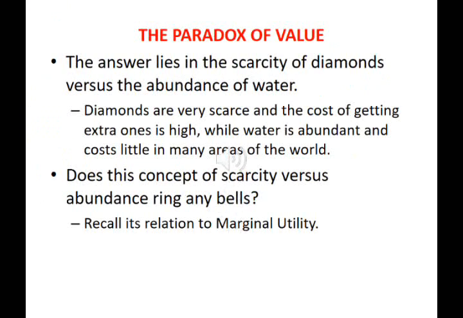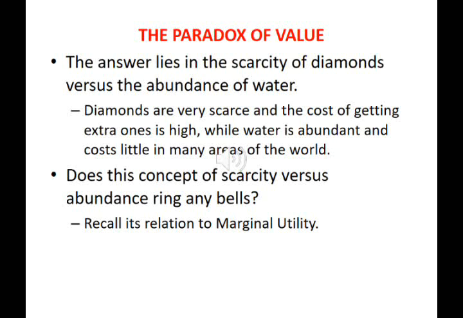The answer to this paradox lies in the scarcity of diamonds versus the abundance of water. So diamonds are very scarce and the cost of getting extra ones is very high. While water is abundant, it is an abundant resource and costs little in many areas of the world to get it.